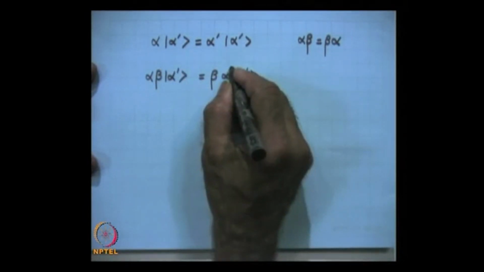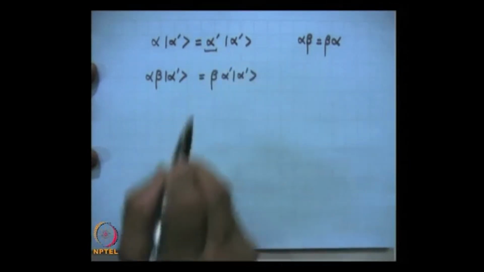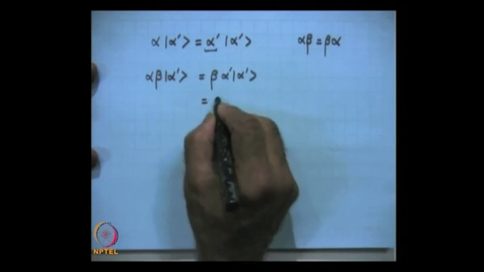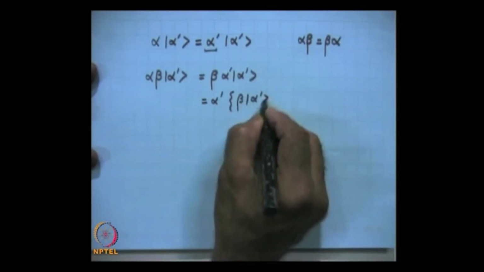So, this is just a number multiplied by a number. Alpha prime is the eigenvalue and therefore, it is a number, and so this becomes alpha prime beta ket alpha prime.